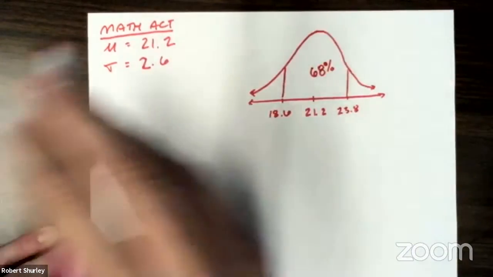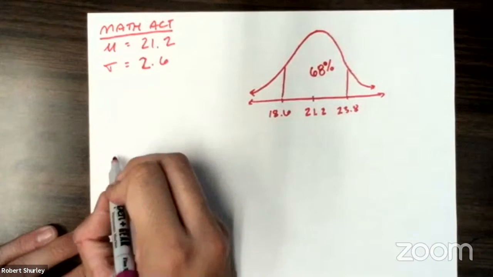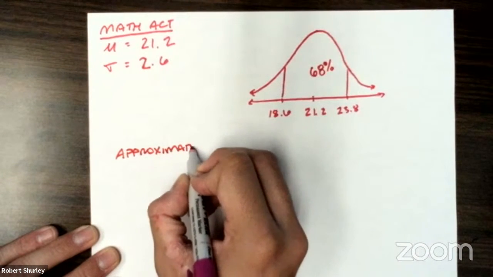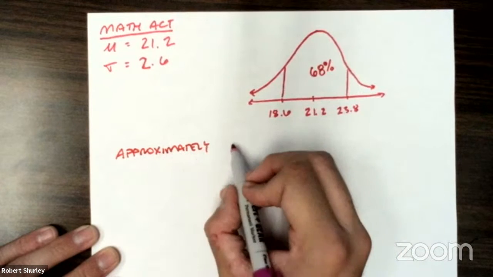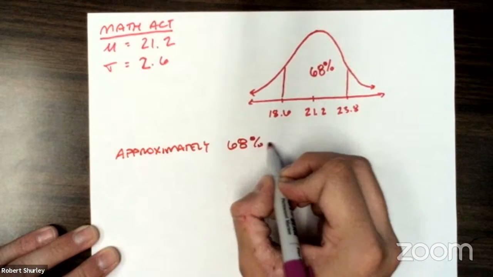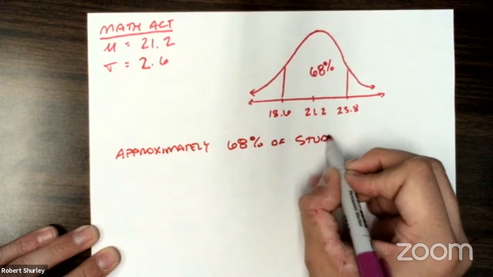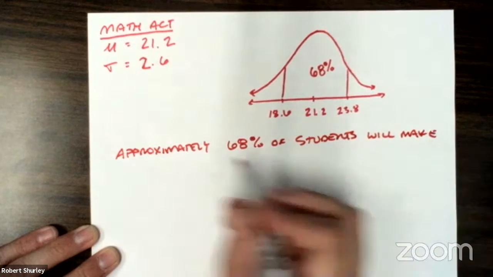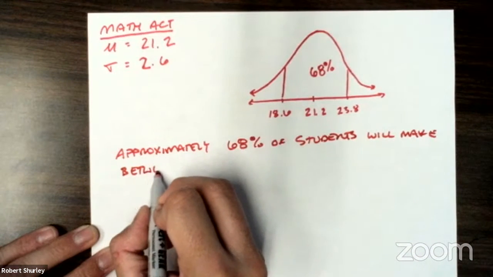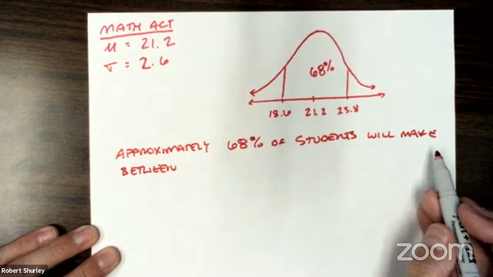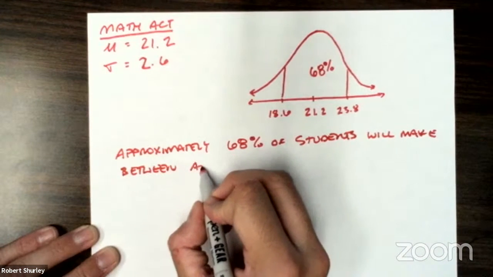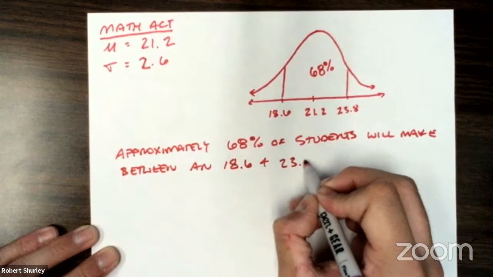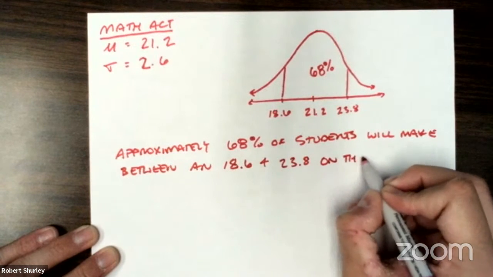I'm going to write that down. So what does this tell us? Approximately. You have to use approximate because it's not perfect. 68% of students will make between an 18.6 and 23.8 on the math ACT.